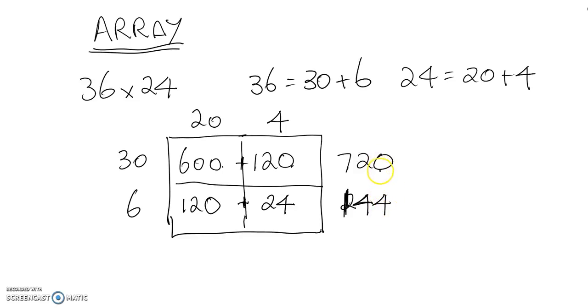So now all we need to do is to add this number to this number. 4 and 0 is 4, 4 and 2 is 6, 1 and 7 is 8. Our answer is 864. So 36 times 24 broken down into smaller parts, like we did up here, use an array, we come up with 864.